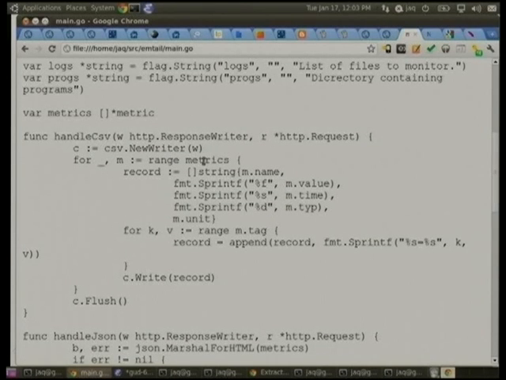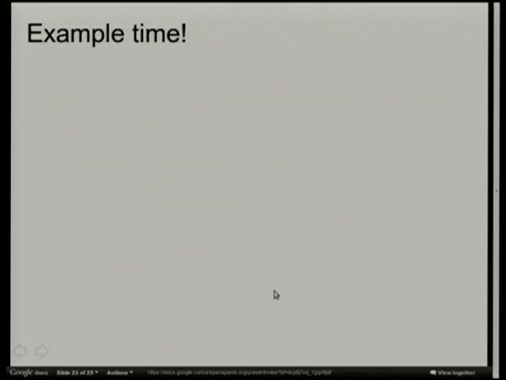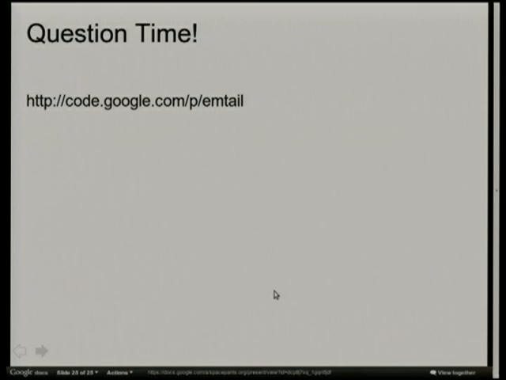It looks over the list of currently exported metrics, turns them into a list of strings, which the CSV writer reads and then dumps out as CSV format. And that's really it. Very simple, but a little bit more powerful than just tail and grep. All right, so time for questions.